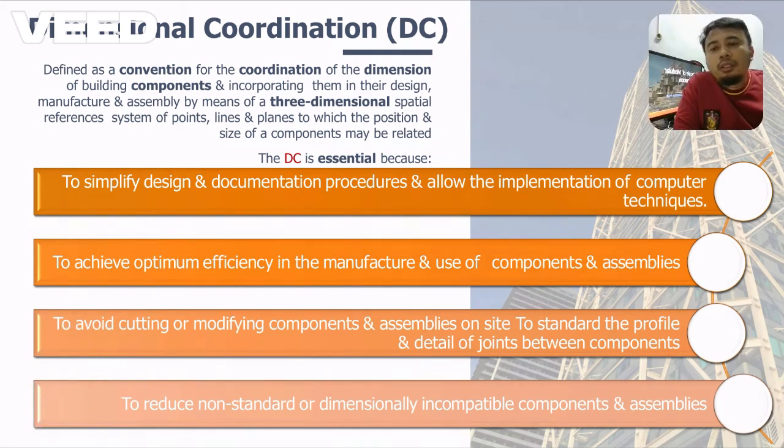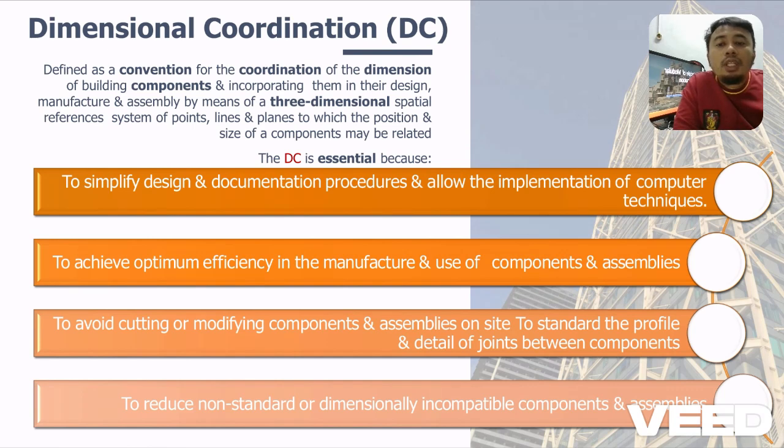DC, or dimensional coordination, is defined as a convention, which is an understanding for the coordination of the dimension of building components. So basically, it's an understanding among the participants of the convention on the coordination of dimensions.